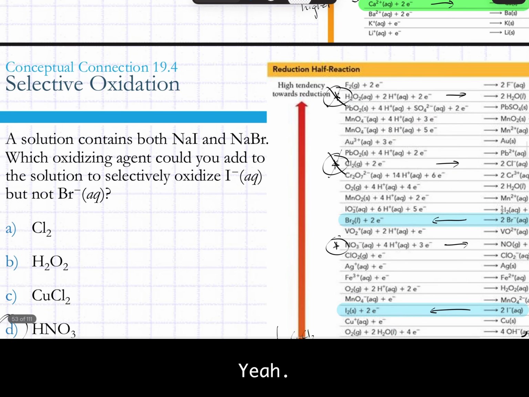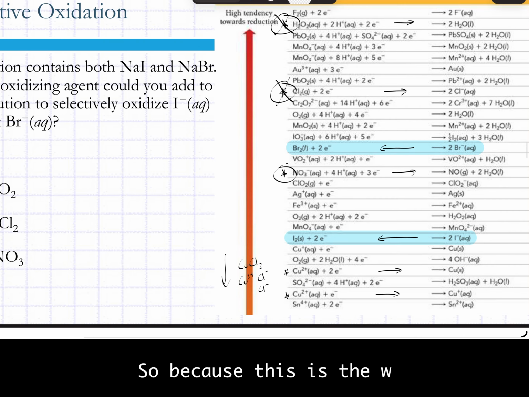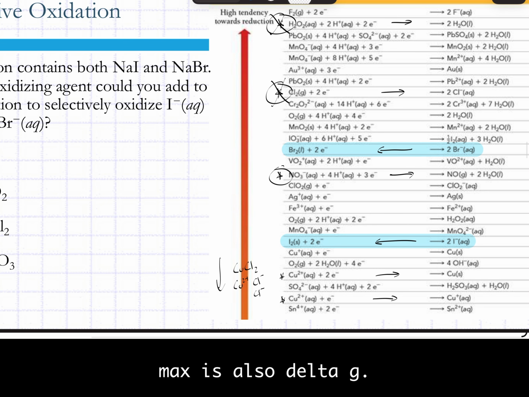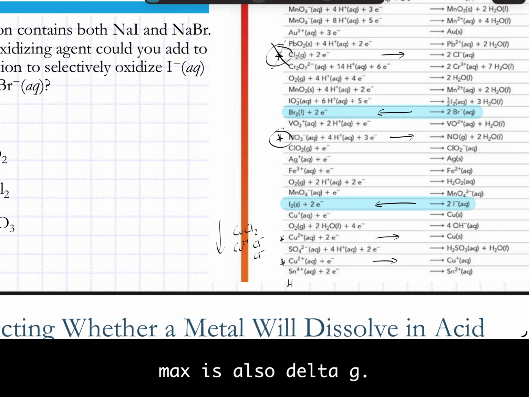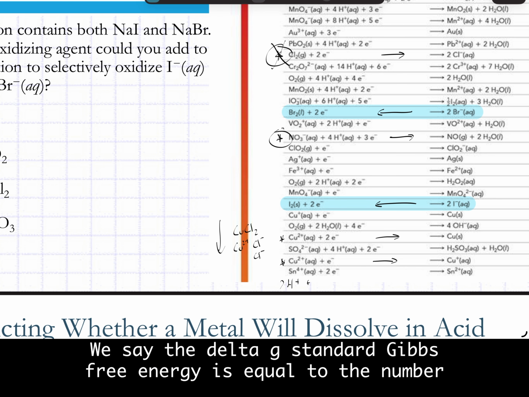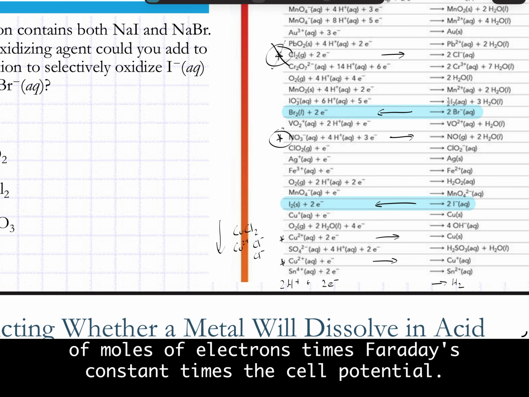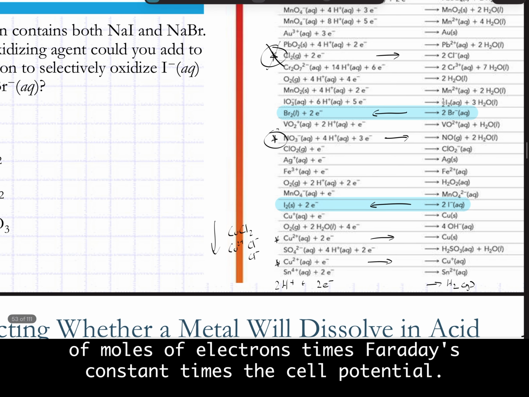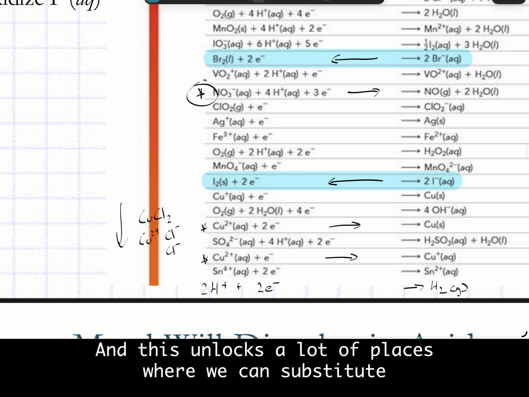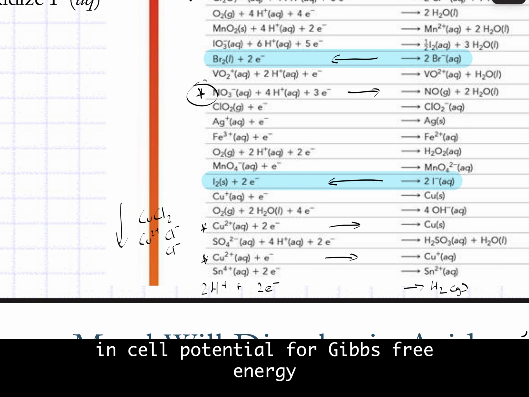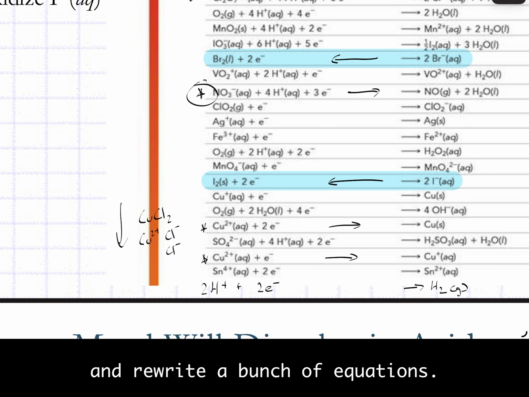Because W max is also delta G, we say the standard Gibbs free energy, delta G, is equal to negative the number of moles of electrons times Faraday's constant times the cell potential. This unlocks a lot of places where we can substitute in cell potential for Gibbs free energy and rewrite a bunch of equations.